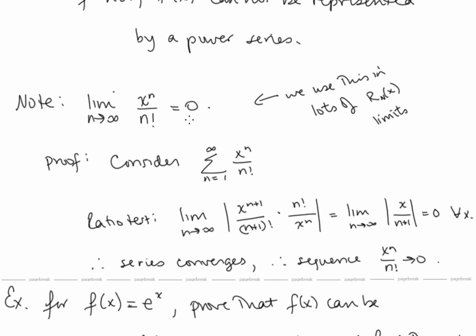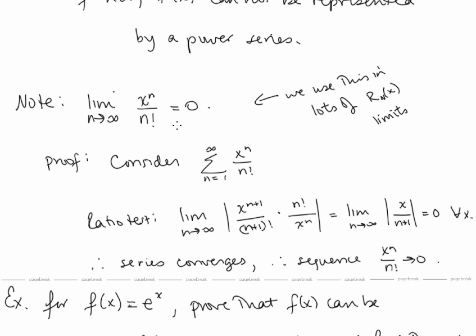To do that, we're going to go a roundabout way and take a look at the series given by these terms. If we use the ratio test, we'll find that this series converges for all x. That tells us the sequence of terms must go to 0, and therefore this limit is equal to 0.